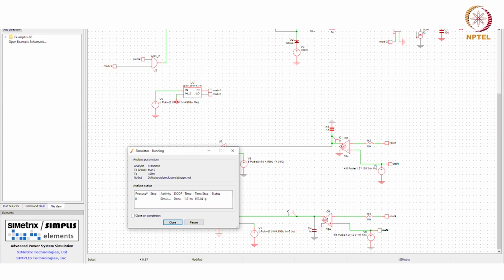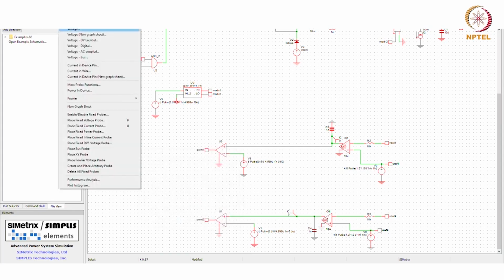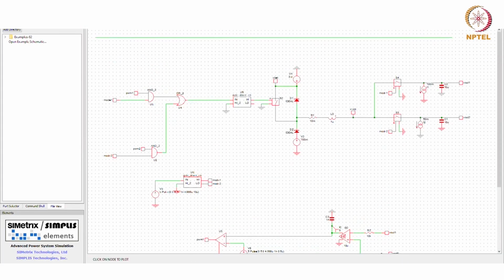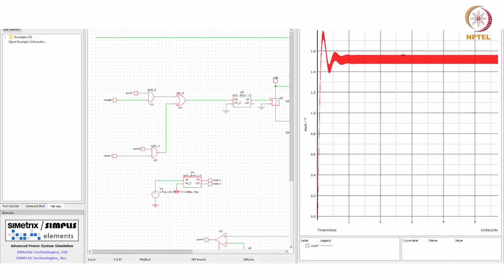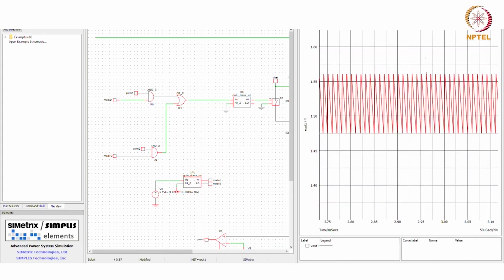Since it's in DCM, it may take a little bit long to settle. Looks like it has settled down.